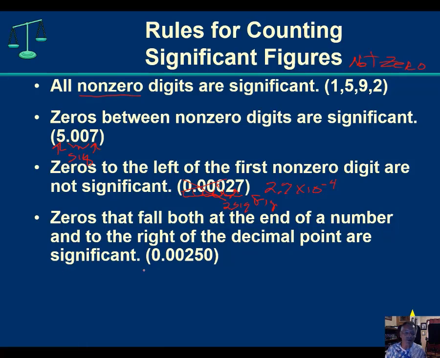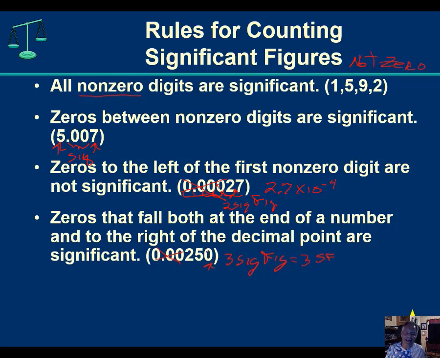So while these zeros in front of the first non-zero digit are not significant, this 0 is a significant digit. So this number actually has 3 significant figures, and sig fig is usually the way that we designate that. You might also just see that written as 3SF, standing for significant figures.